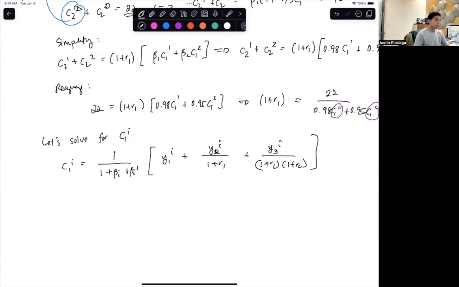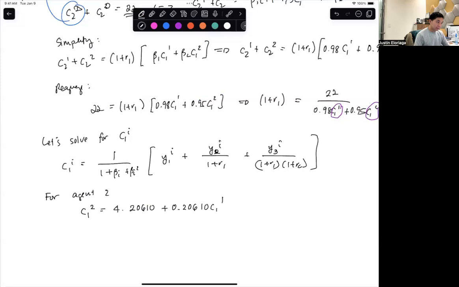If we solve this, for agent 2, C12 is 4.20610 plus 0.20610 C11. That's what we will get.